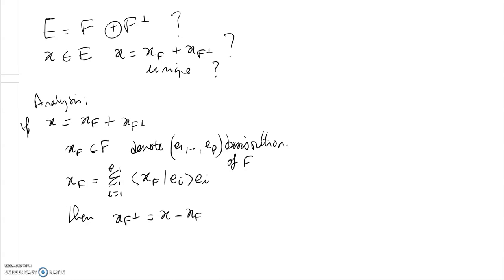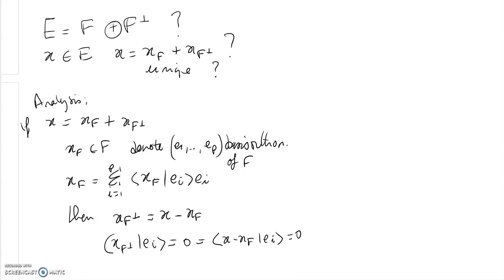That belongs to F orthogonal, so the inner product of x_F orthogonal with any e_i is going to be equal to 0. That means that the inner product of x minus x_F with any e_i is equal to 0.